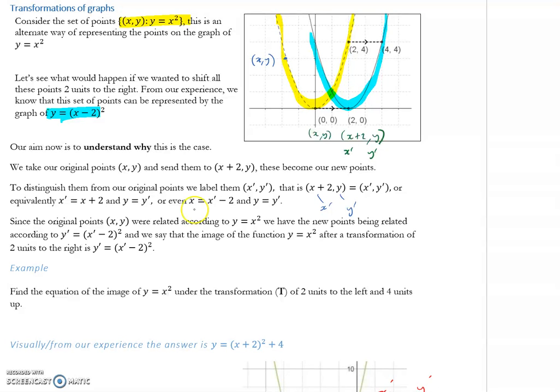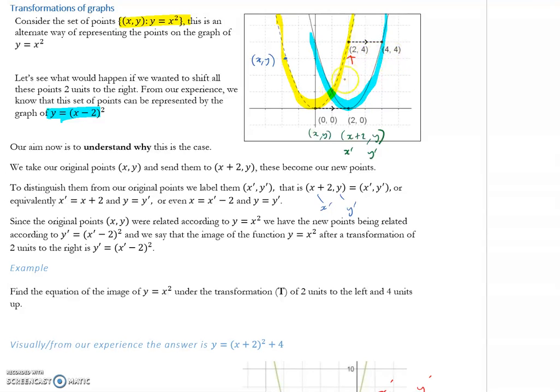Then we can also write it this way, write x in terms of the image coordinates. Okay, so what does that mean? Well, if I focus in on this point, (4, 4), right? How do I get my original from my image coordinate? Well, it would be 4 minus 2, wouldn't it, to get from 4 to 2?